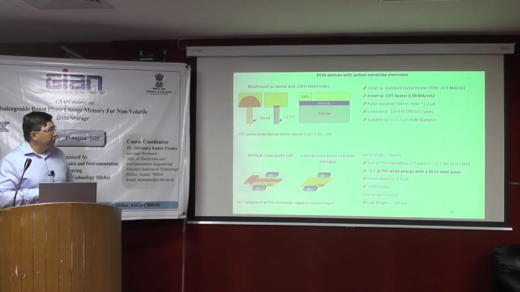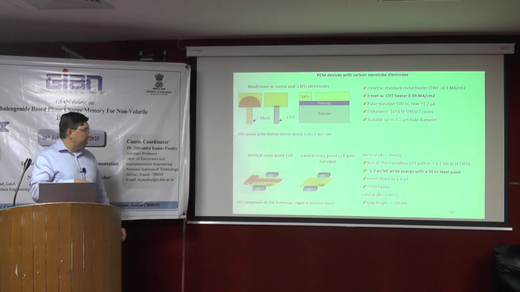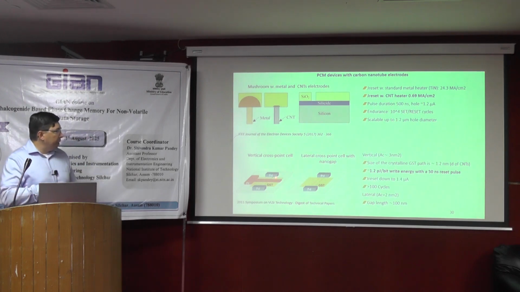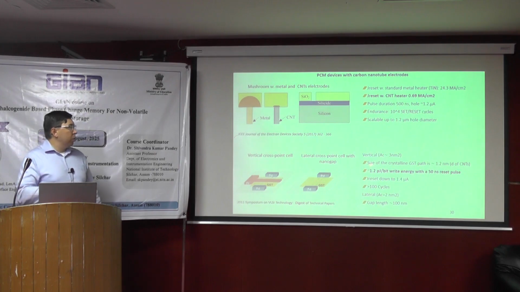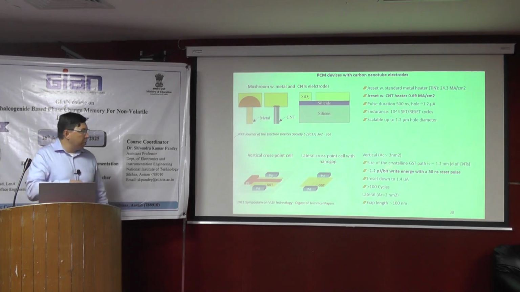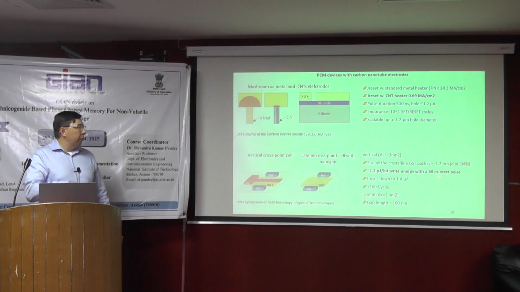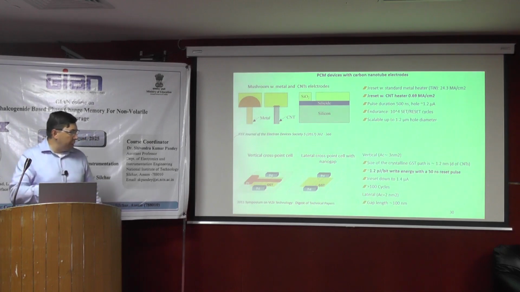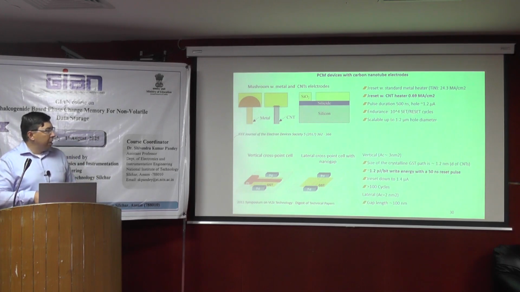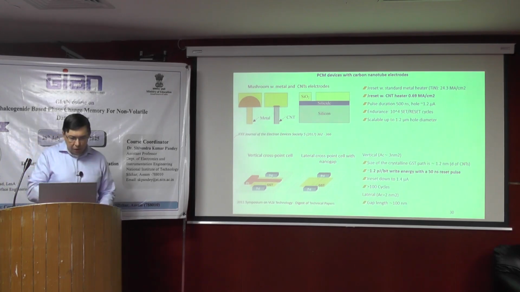And here, by optimizing this, by making very small electrodes, like here, a cross-point cell, vertical cross-point cell, or here in the nano gap, you can also achieve very low energy consumption, like 1.2 picojoule per bit, with a 450 nanosecond reset pulse. It's very nice, but the endurance should be improved in this case.